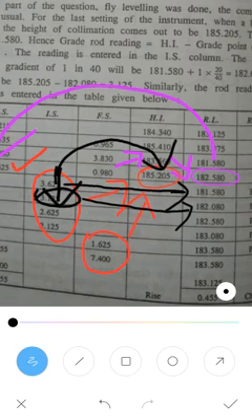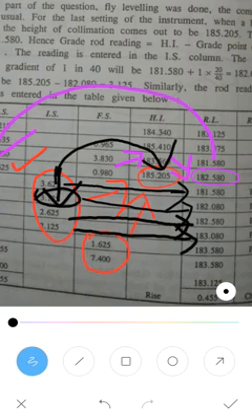Next, 2.625: 185.205 minus 2.625 gives 182.580. Next, 185.205 minus 2.125 gives 183.080. Like this you will get it.